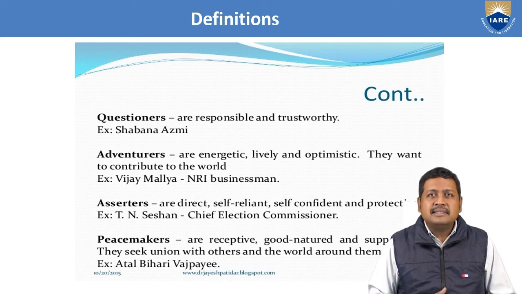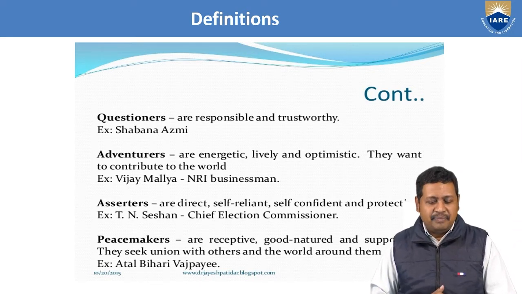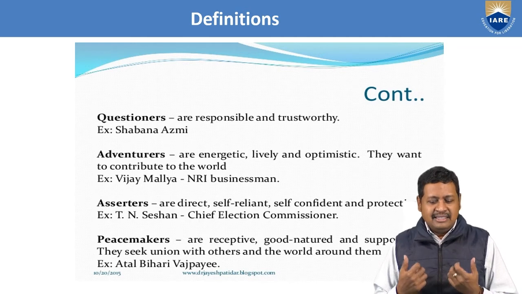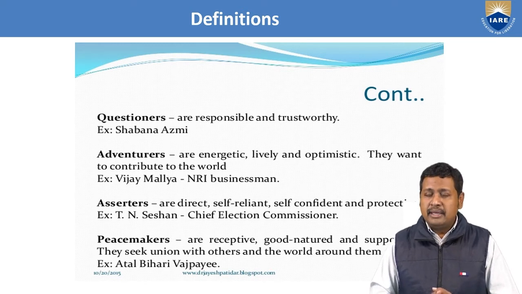Then the other one is asserters. Who are these asserters? They are direct, self-reliant, self-confident, and protective. These people believe in themselves, right? And they are very self-confident and protective people. Best example is, of course, some of you might be knowing him, some of you might not.